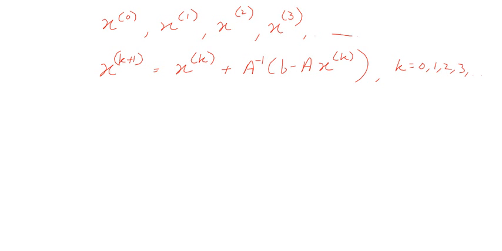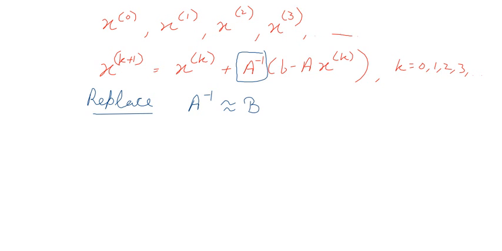Now as told earlier, we are not going for finding the inverse of the matrix due to the computational limit. So what we are going to do is replace A inverse by an approximate inverse.